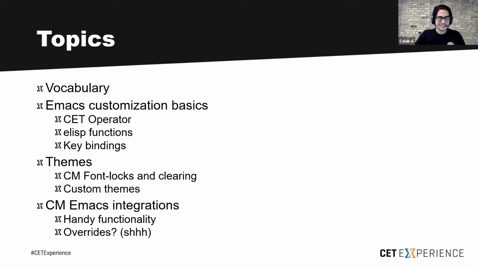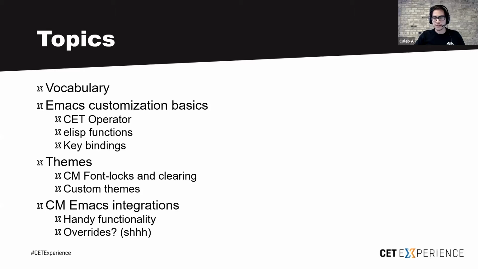So today, we're going to be talking a little bit about vocabulary. Because Emacs's first release was in 1985, some of the terms used aren't so modern. So we'll cover some of the common ones. We'll go over some setup for customization. We'll cover CET operator's role in this initialization, an eLisp functions crash course, and key bindings, creation, and information around that.